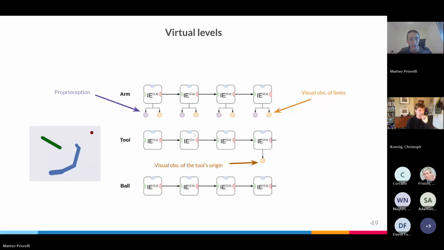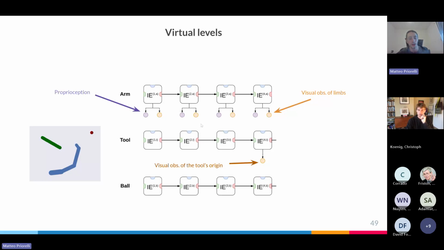So this is the continuous generative model. You see that for each degree of freedom of the agent, we have an intrinsic and extrinsic module, and we have three parallel pathways for the actual and these potential trajectories. And you see that the first one generates the arm perception and the visual observations of the limbs.